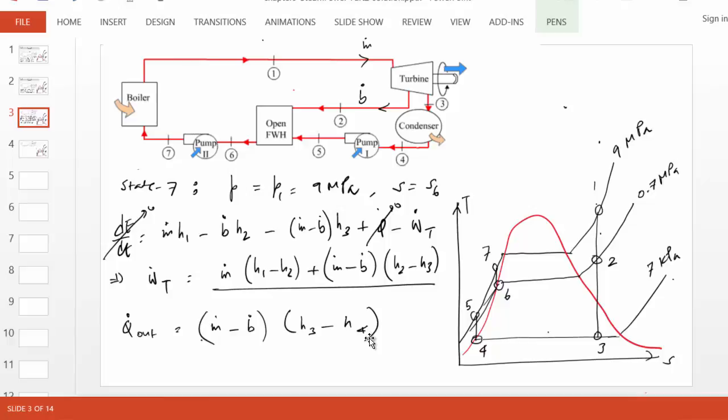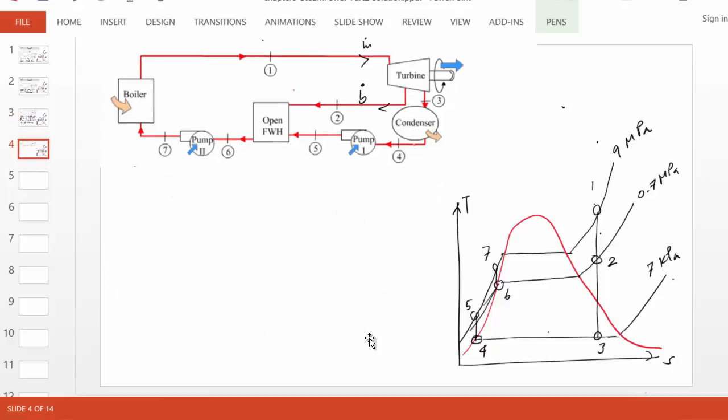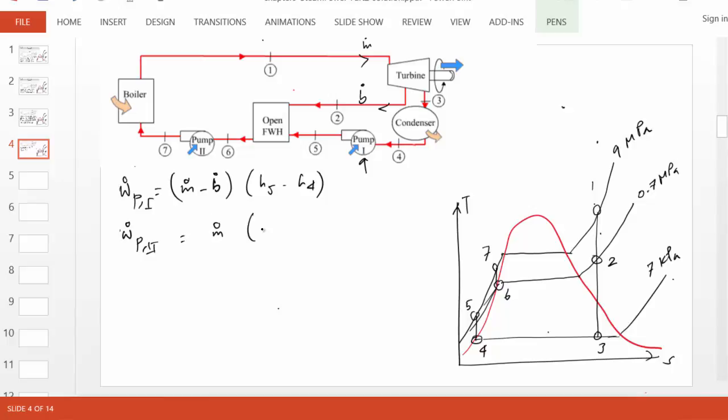Now let's look at pump 1, which should be simple. The pump work that goes in here, W dot pump 1, the flow rate through the pump is m dot minus b dot, times h5 minus h4. And pump 2, W dot pump 2, handles m dot on the other hand, times h7 minus h6.